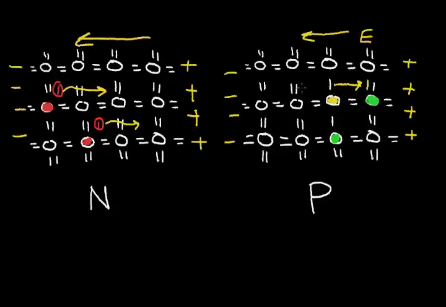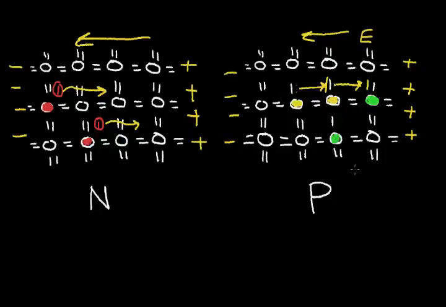Now look what can happen. This electron can now move over to fill this slot. So let's remove this electron here and add it over here. So now my hole has jumped over to the left 1 notch. The same thing can happen to this boron atom drawn at the bottom.